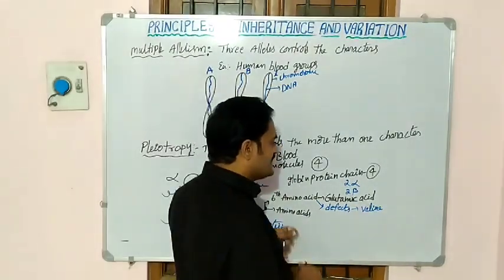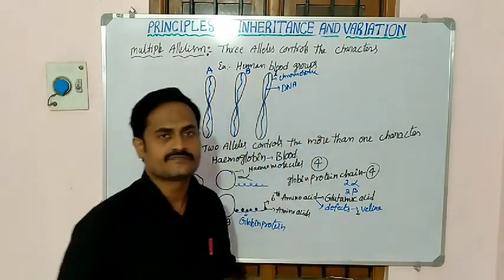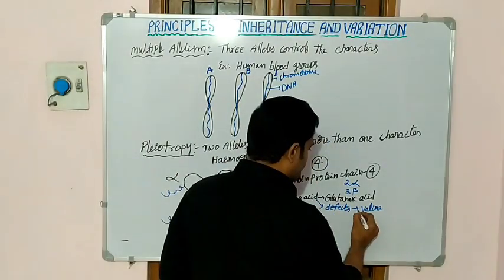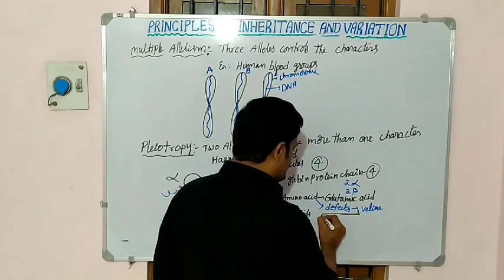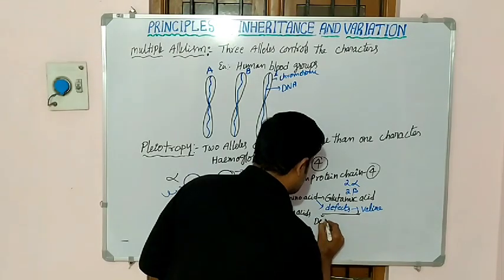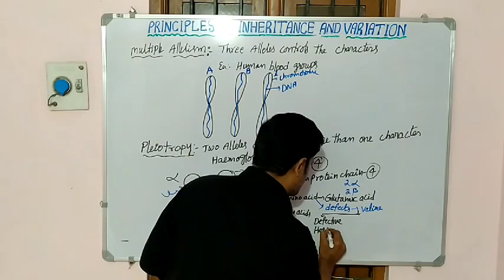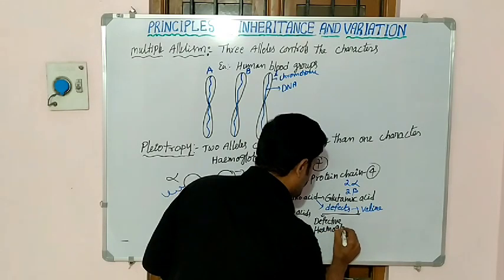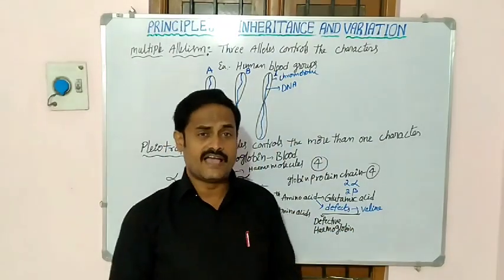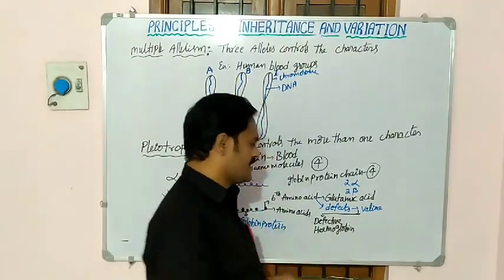So when valine is released, some changes are noticed. What kind of changes? A defective hemoglobin is formed due to the release of valine instead of glutamic acid. This is one type of change.